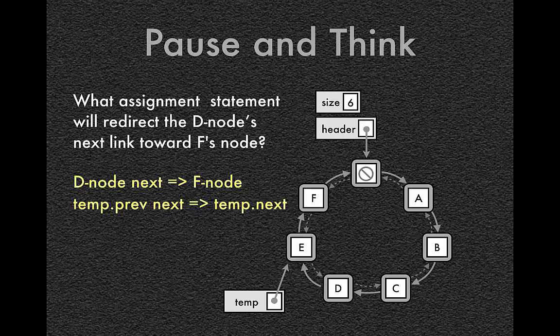Since we want D node's next link, we just use temp.previous.next. And since we want it to equal F node, we simply assign it. And that simple but carefully thought out assignment statement is all we need to redirect D node's next link to F node.